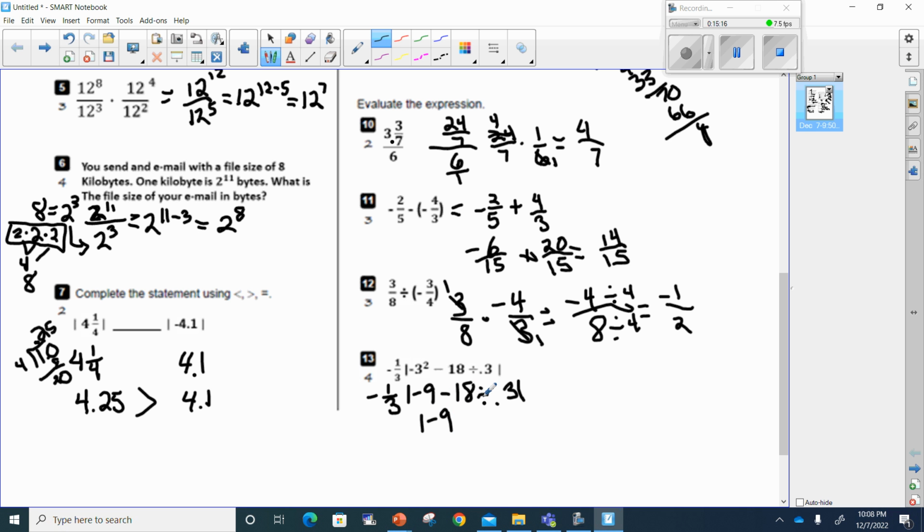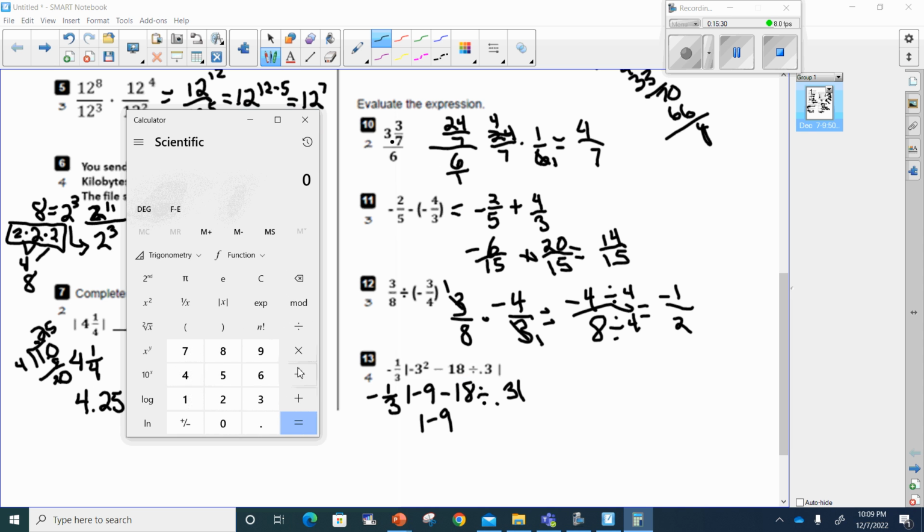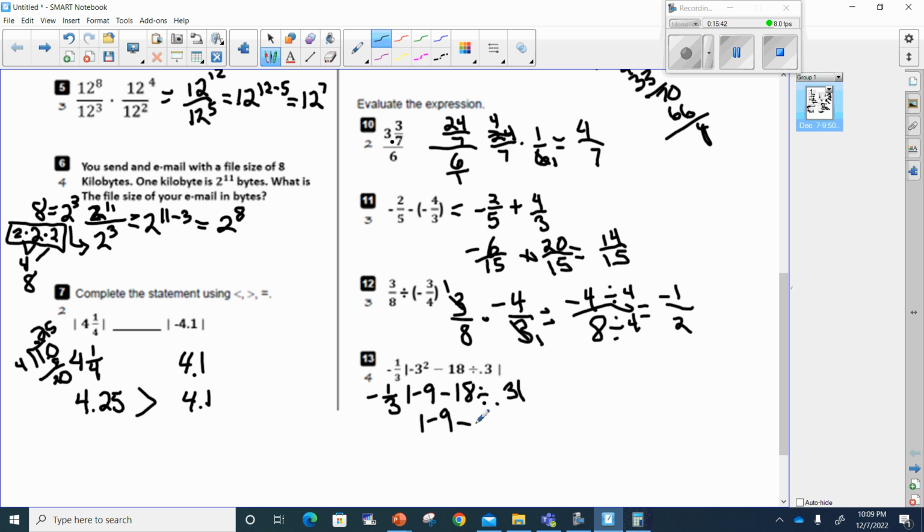This is a negative divided by, well, I forgot there's a 0.3. So I'm thinking this is going to be possibly bigger. Let's use our calculator here. All right, I've got 18 divided by 0.3. That's going to equal 60. Wow, okay. So this is going to be negative 60.